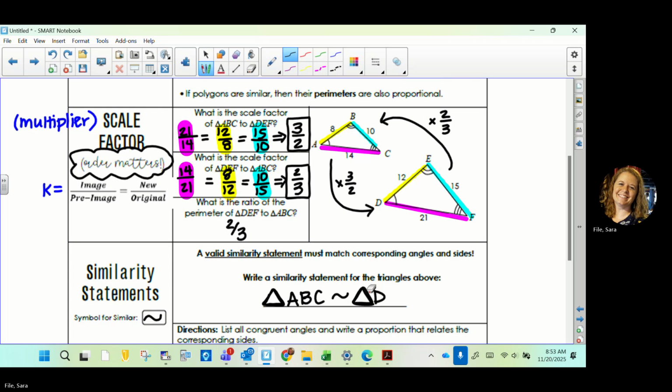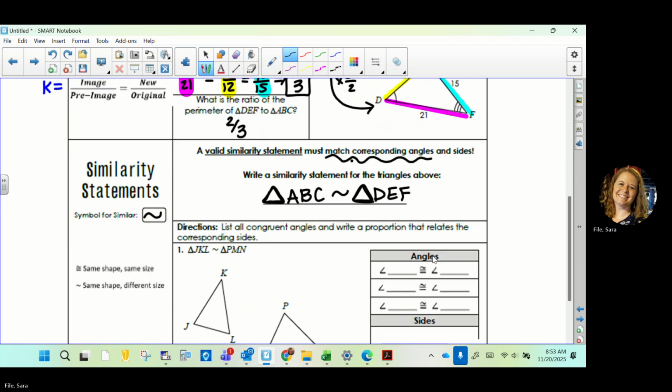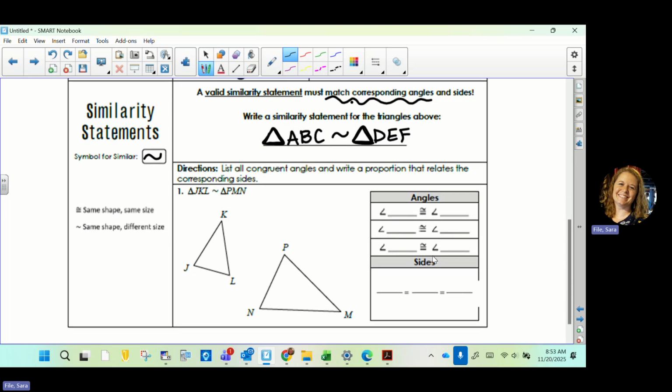Y'all understand what I mean when I say you have to match it? You have to put them in corresponding order. So match the corresponding angles and sides. That's very important. Okay, so in this last one, we want to give the different ratios, the corresponding angles and the side ratios.